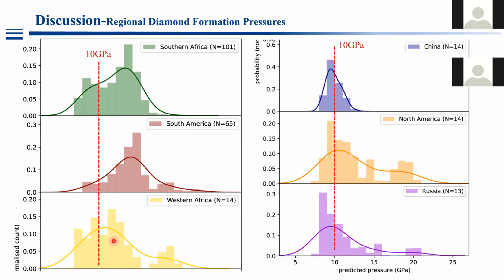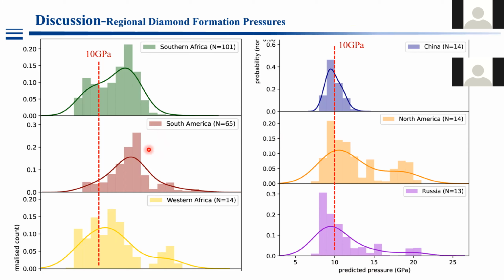And then they apply this new barometer to diamonds from different regions, and this figure shows us the distribution of the predicted pressure, where the x-axis is predicted pressure and the y-axis is probability.